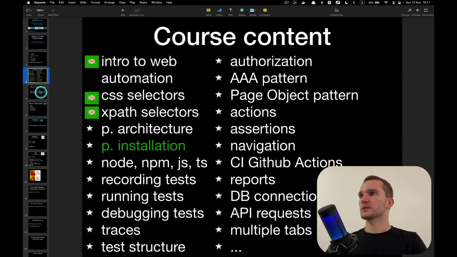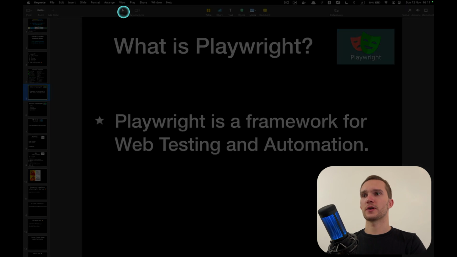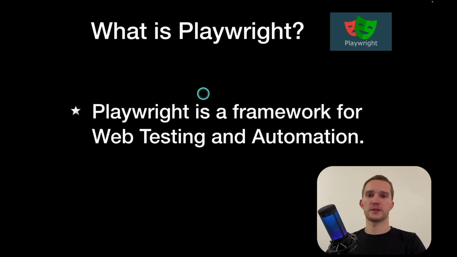All right, let's go. First of all, I want to explain you what is Playwright. So, like, in simple words, Playwright is a framework for web testing and automation. What is a framework, what it kind of consists of.